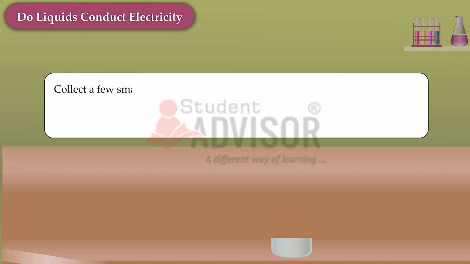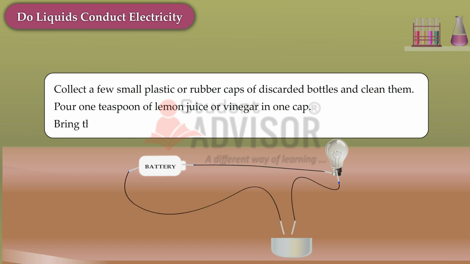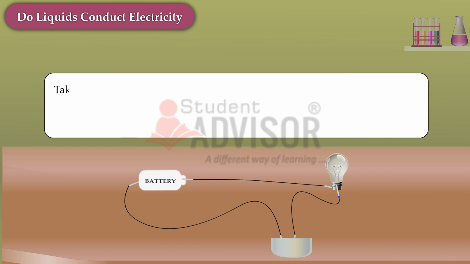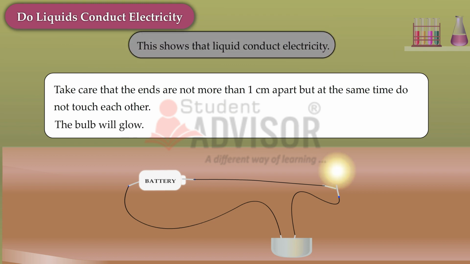Collect a few small plastic or rubber caps of discarded bottles and clean them. Pour 1 teaspoon of lemon juice or vinegar in one cap. Bring the tester over the cap and let the tester dip into lemon juice or vinegar. Take care that the ends are not more than 1 centimeter apart, but at the same time do not touch each other. The bulb will glow. This shows that liquid conducts electricity.